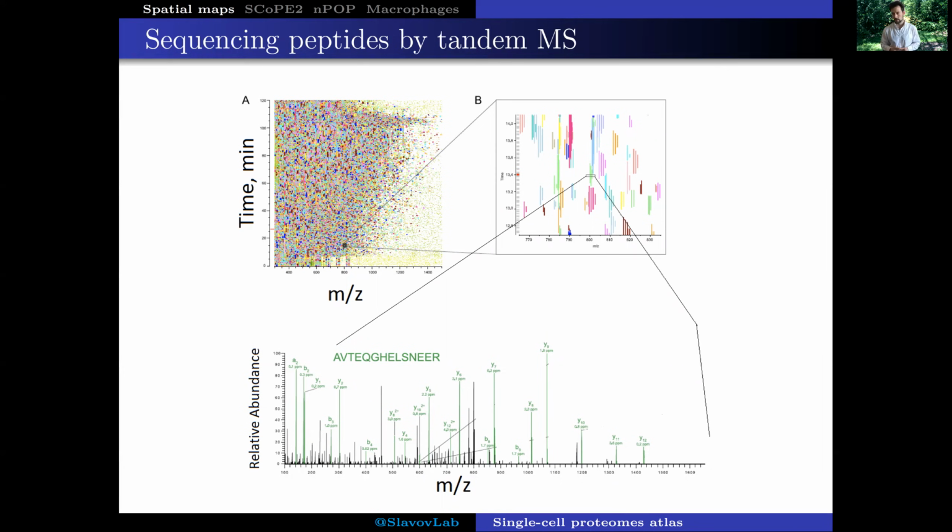Proteins are separated either using electrophoresis or chromatography, in this case chromatography, and then ionized and injected into the instrument as ions, and individual clusters of ions corresponding to a particular peptide, as shown in panel B, are being isolated and broken down into fragments, and the fragments used to determine the peptide sequence.